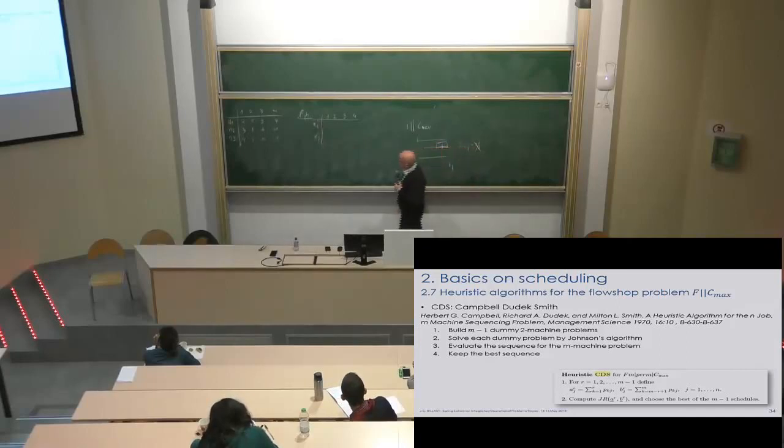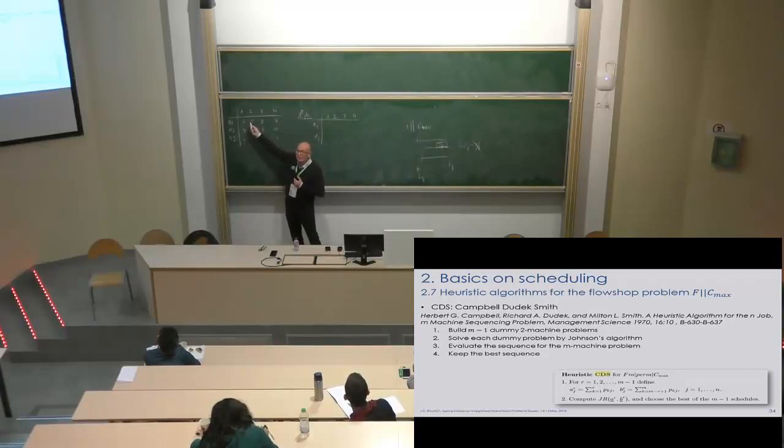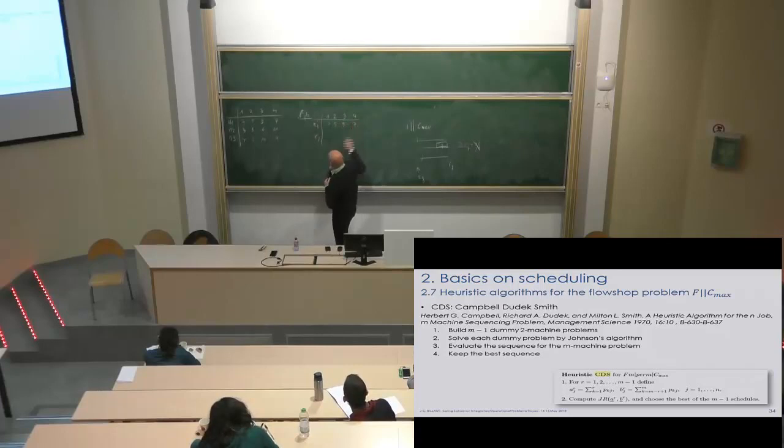The pseudo processing time on machine 1 is exactly the processing time on machine 1 of the original problem. So 7, 5, 9, 7. And the processing time on machine 2 is the processing time on the last machine. 4, 2, 10, 1. Then we apply Johnson.